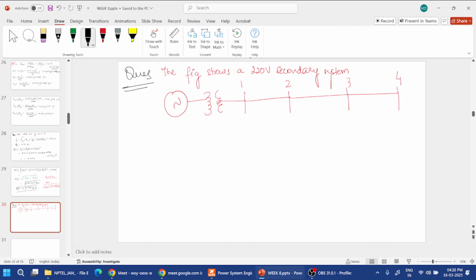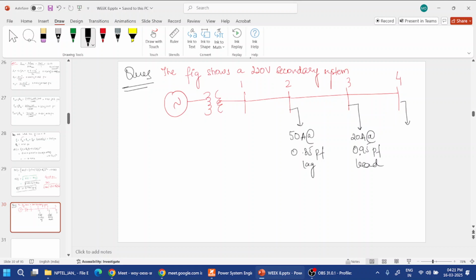The loads are connected to the second: 50 ampere at 0.85 power factor lag, then 20 ampere at 0.95 power factor lead.